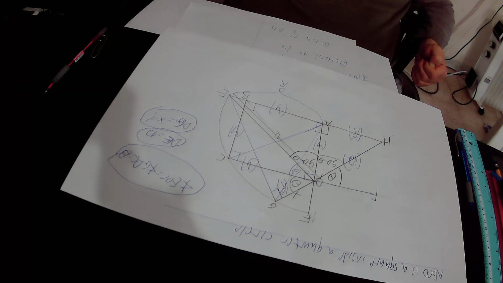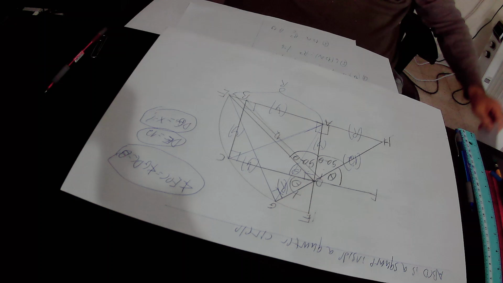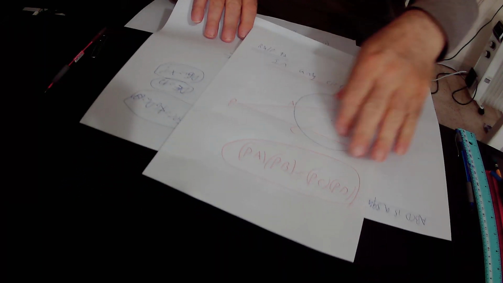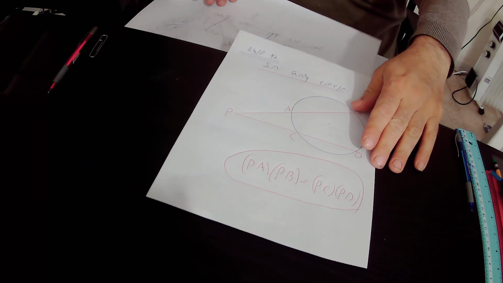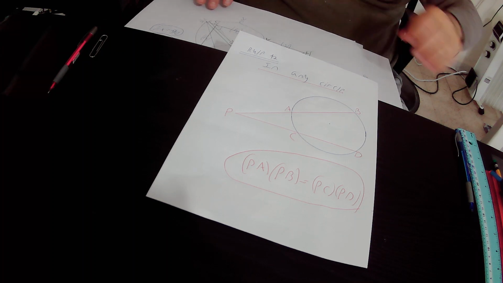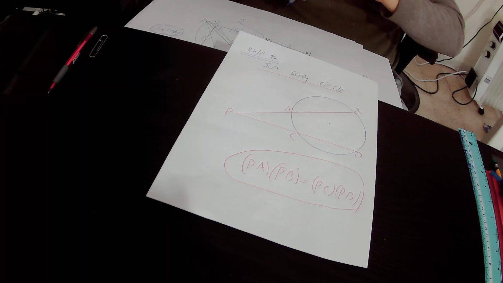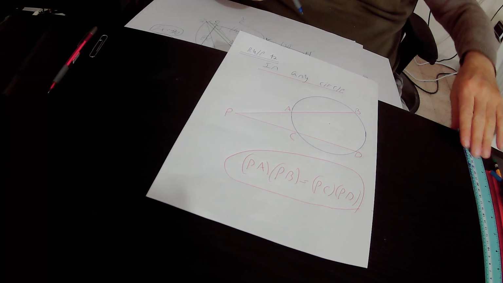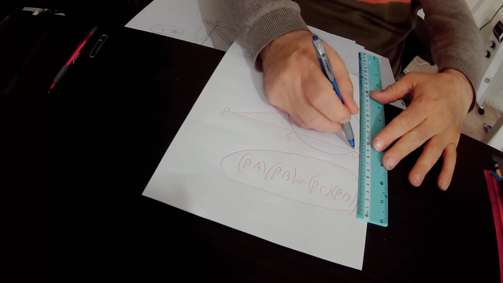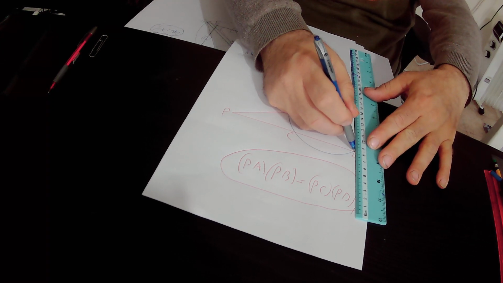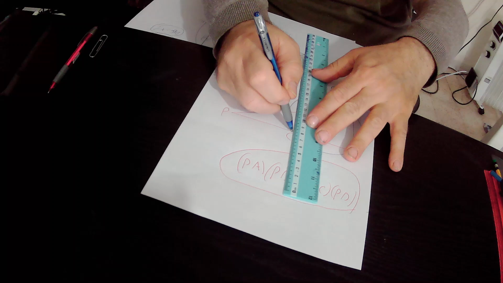According to rule 12, we have here a quadrilateral.